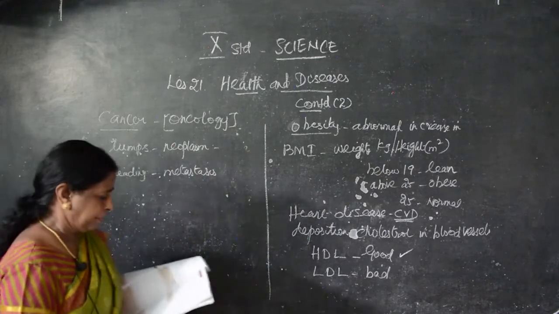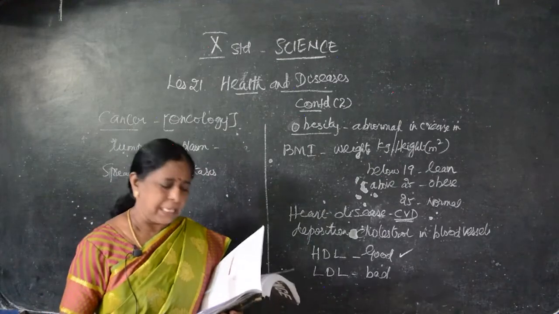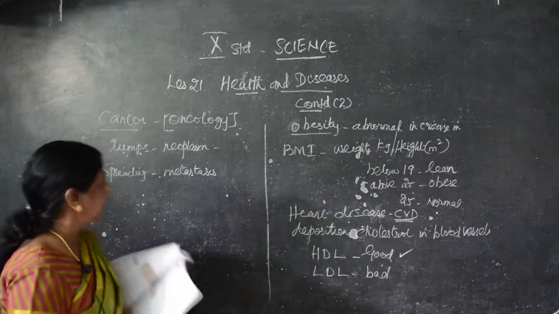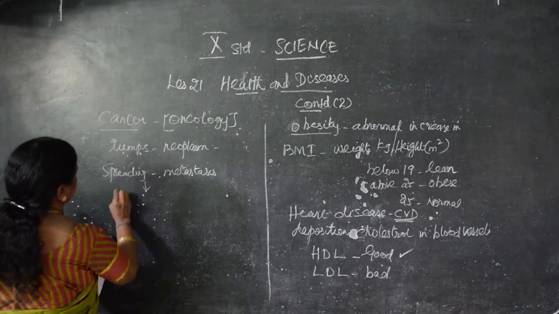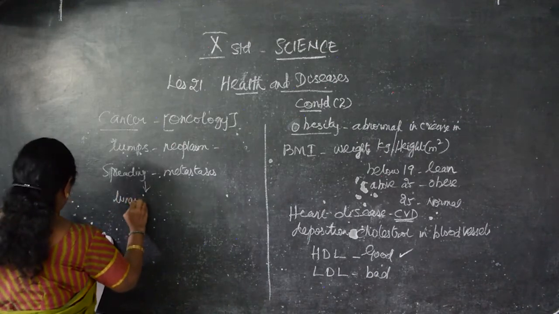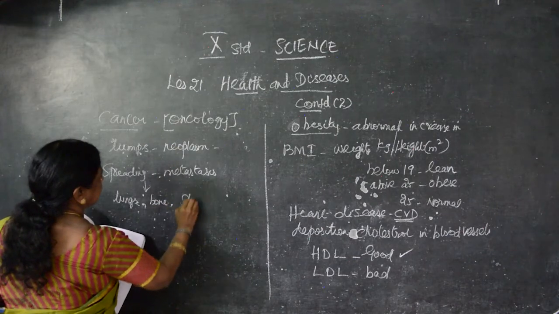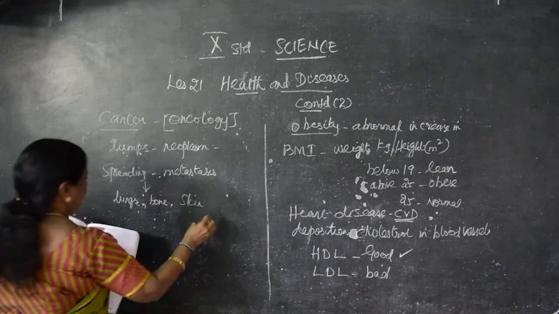Mostly cancer can be seen in the lungs, bones, liver, skin and brain. Lung cancer, bone cancer, skin cancer and brain cancer.